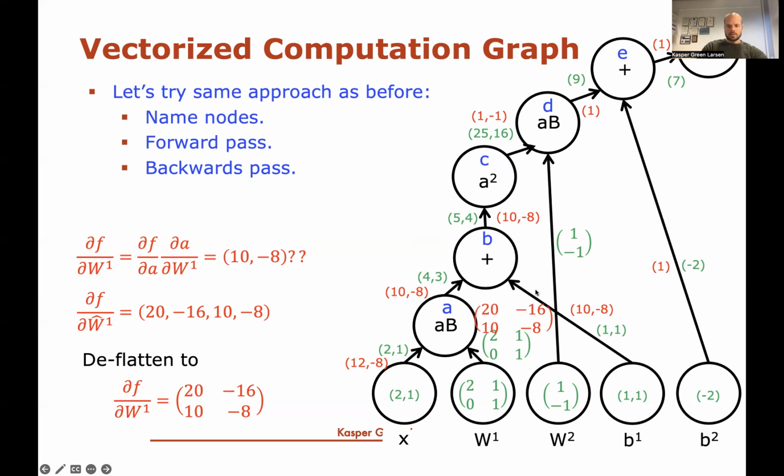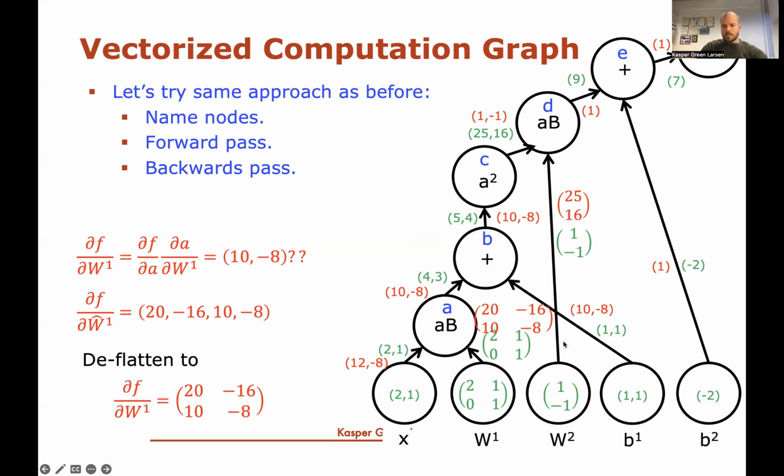Okay, so this gives us this matrix here, and for W2, it's not really a row vector. But what we can do is, well, D has one output as a function of W2, with 2 inputs. These are the 2 variables in W2.